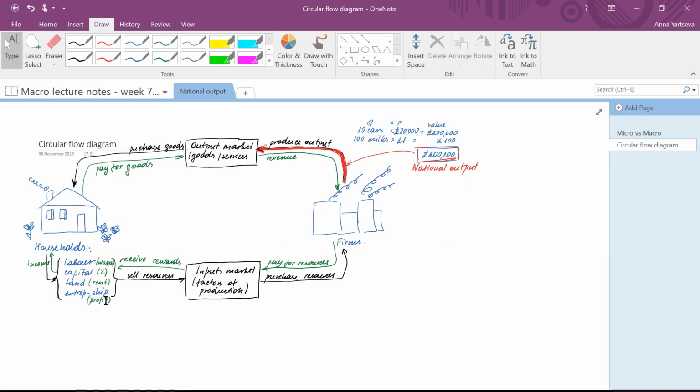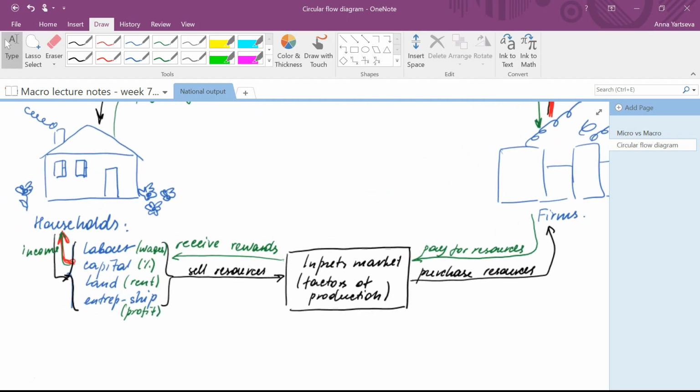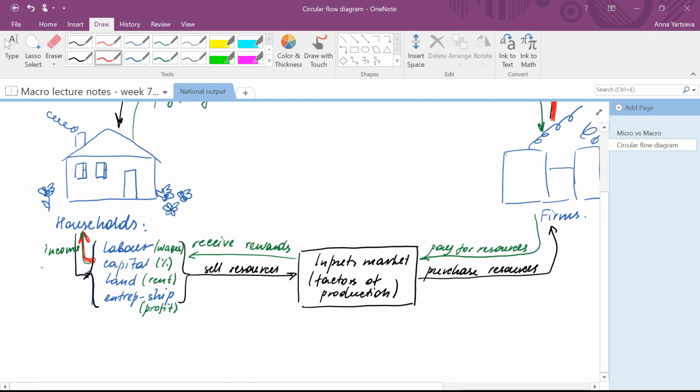So have a look. If we try to measure this arrow, all income paid by companies to households, we will be able to calculate national income, total income. So let's make it in red, national income. So we will try to add up wages plus interest payments to capital owners plus all rents earned plus all profits kept by businessmen.